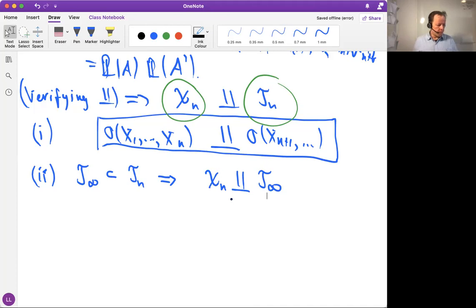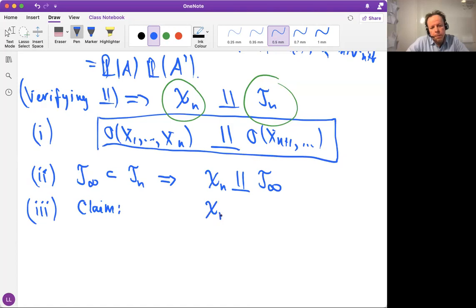Then there's one difficult part, a little bit complicated, part 3. That's maybe the hardest part of this proof. So here the claim is that also, that's actually maybe the deep part, the sigma algebra X is independent of T infinity as well. In my opinion, this is the deep fact.